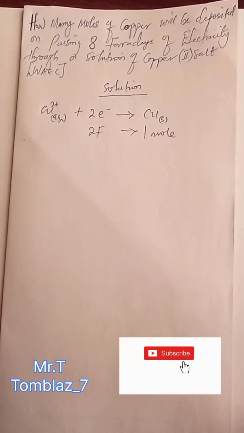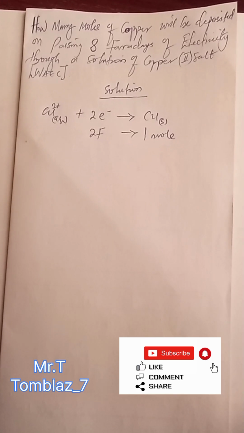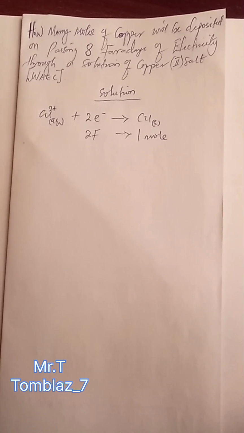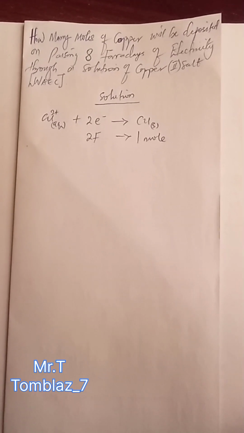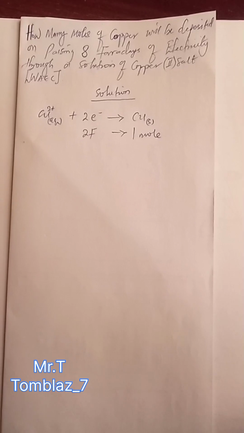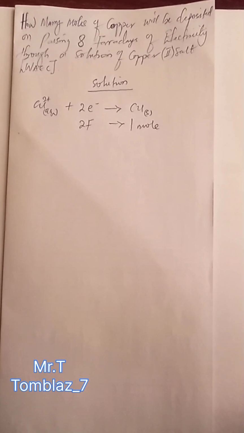In this case, you can see that when aqueous copper is balanced with 2 electrons, it gives us solid copper. With the 2 electrons that copper gains, it will gain 2 faradays equivalent to it, and that will be equivalent to 1 mole.